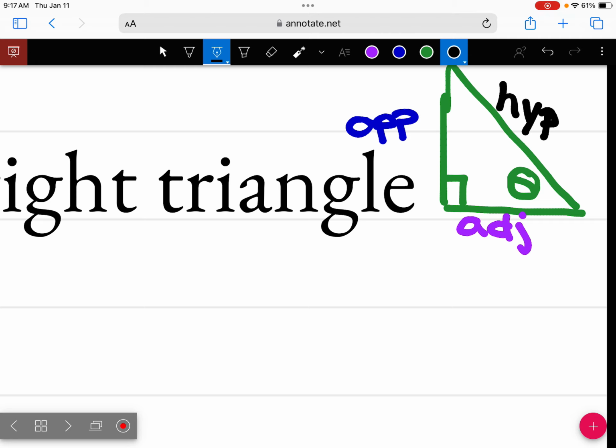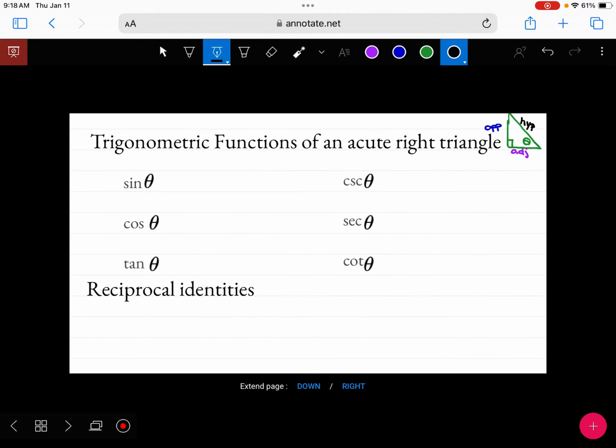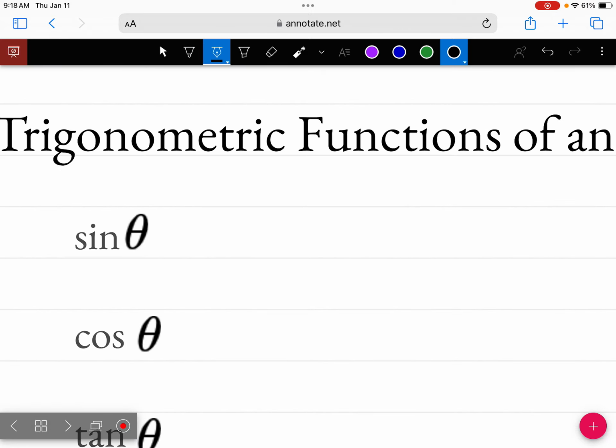SOHCAHTOA. Boo, I just finished my coffee. Oh well. So yeah, it's our SOHCAHTOA where sine is, what is it? Opposite over hypotenuse.